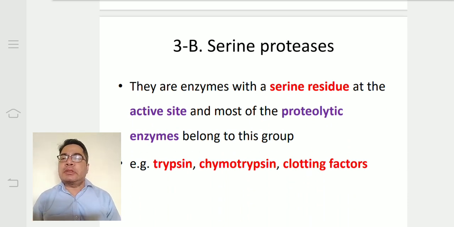Coming to the next, 3B, that is serine proteases. They are enzymes with a serine residue at the active site, and most of the proteolytic enzymes belong to this group. Examples are trypsin, chymotrypsin, clotting factors.